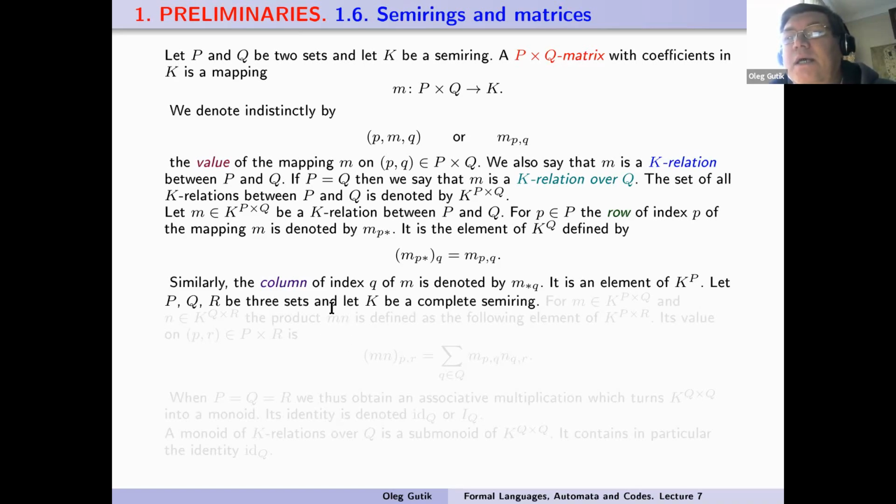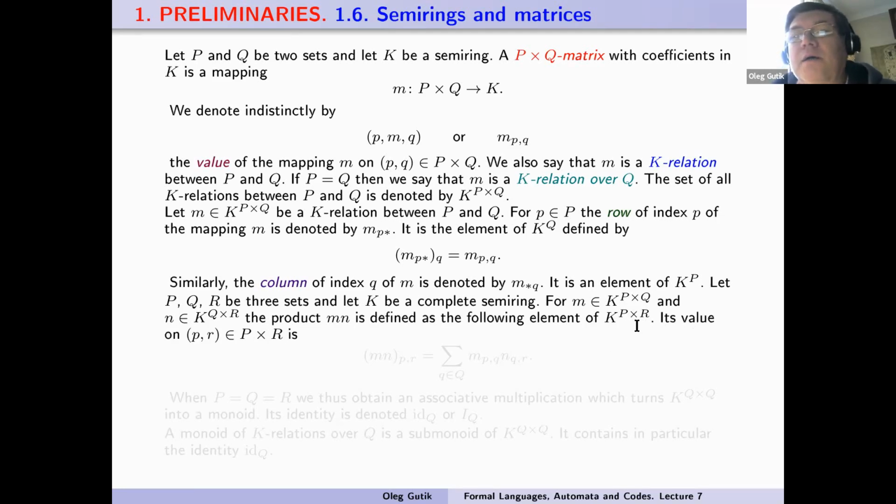Let P, Q, R be three sets and let K be a complete semiring. For any M from K-relations between P and Q and N from K-relations between Q and R, the product of M and N is defined as the following element of the K-relations between P and R. Its value on (p, r) is the following sum.